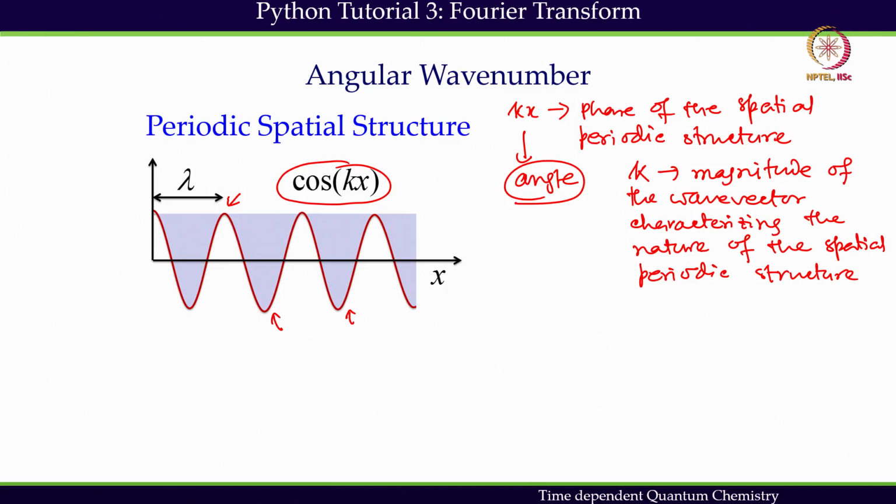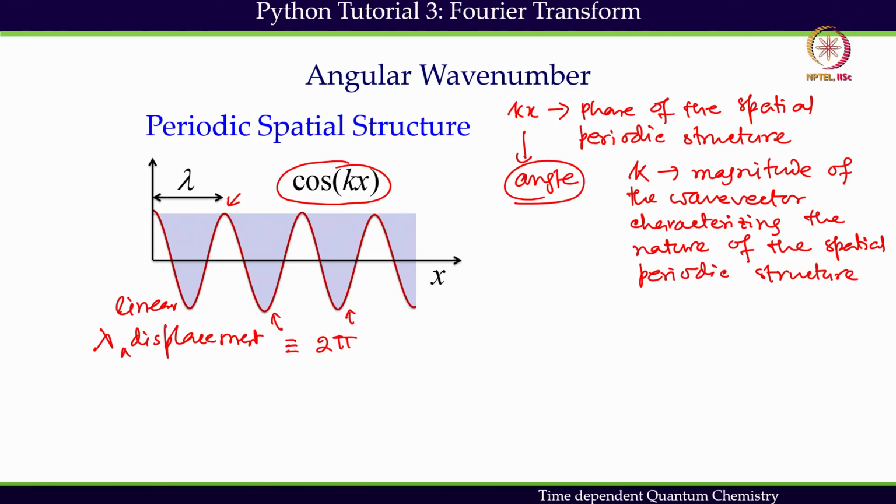What we can note here is that a linear displacement of lambda is equivalent to a 2 pi phase shift.